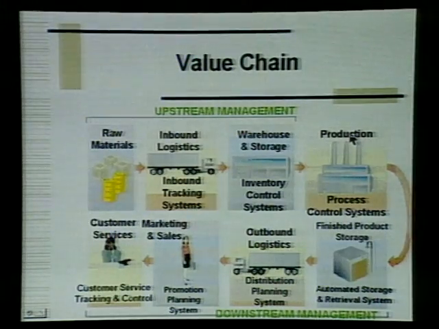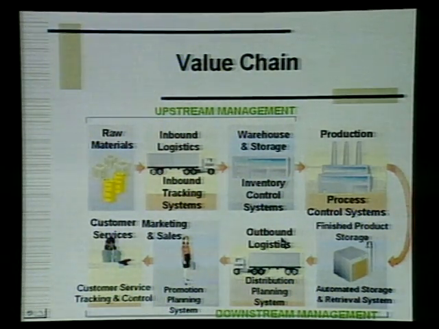A business also has some production which can be controlled and monitored by a process called the control systems. Once the product has been completed, of course, it goes into the finished product storage. We can develop a system here which can automate the product storage and retrieval system.